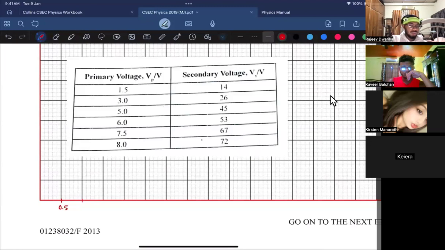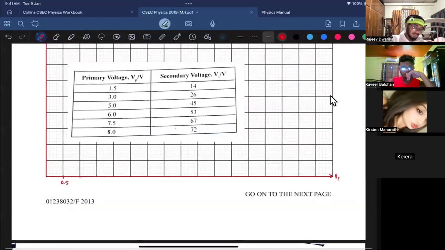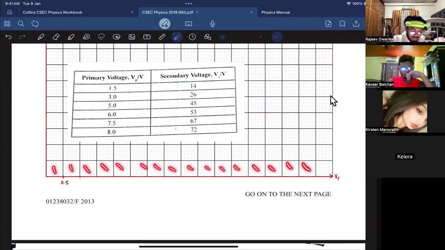It'll be 8 divided by 0.5, and that'll be 16, because you would need 16 halves to make 8. So let's count and see if we have 16. 1, 2, 3, 4, 5, 6, 7, 8, 9, 10, 11, 12, 13, 14, 15, 16, 17. Will it work?